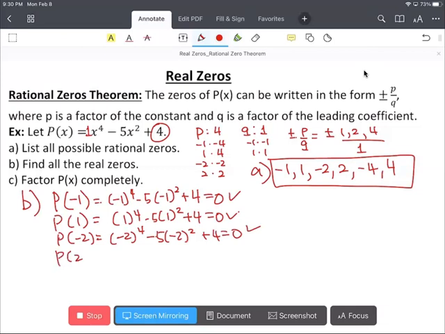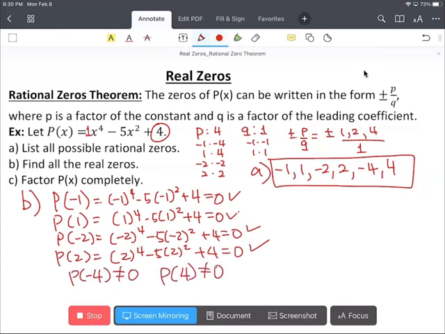And p of 2 equals 2 to the 4th minus 5 times 2 squared plus 4 equals 0. However, p of -4 does not equal 0, and p of +4 does not equal 0. So we can say that the real zeros are when x equals -1, 1, -2, and 2.